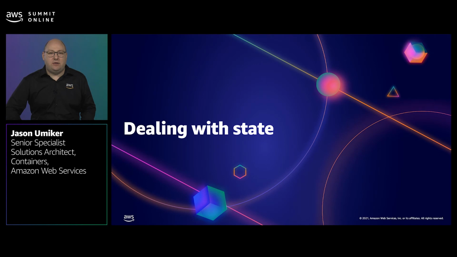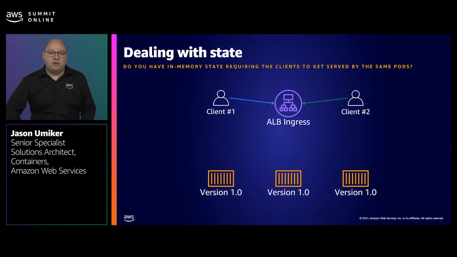Our next set of challenges are around stateful applications. The first challenge is in-memory state of things like session information. By default, Kubernetes will spread requests evenly across your pods. If you need a particular customer to keep going to the same pod once they've logged in, that requires sticky sessions. Does your app need this?